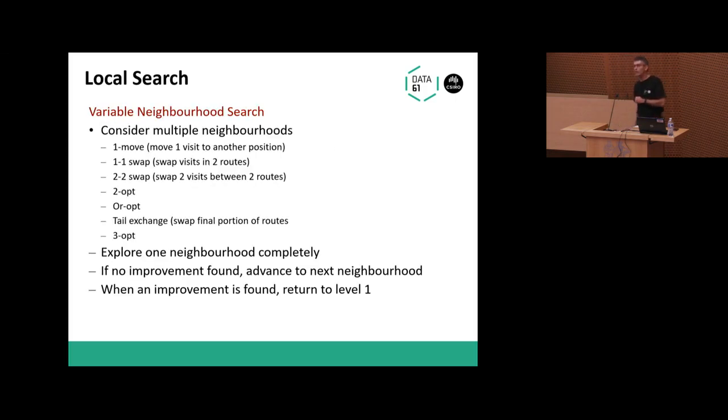But an even more effective way is to use them in variable neighbourhood search, where you use all sorts of different neighbourhoods. In classic VNS, you start off with the smallest neighbourhood and explore that fully. Then you go on to the next largest neighbourhood and explore that fully, and the next largest, and explore that fully. If you find an improving solution, then you can go back and start again.